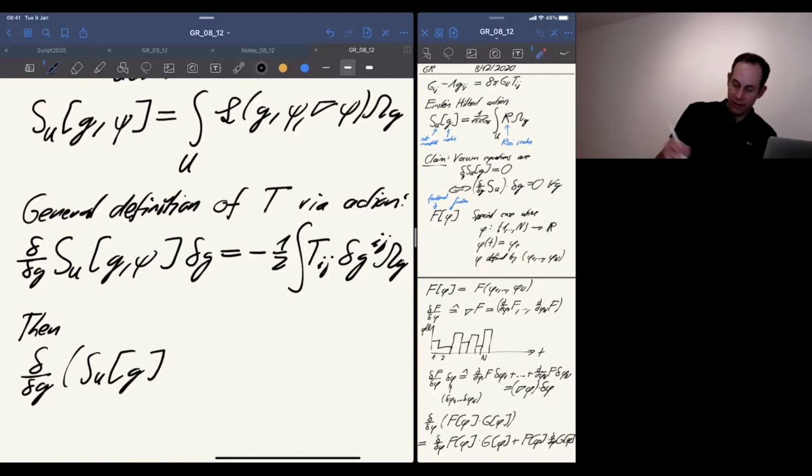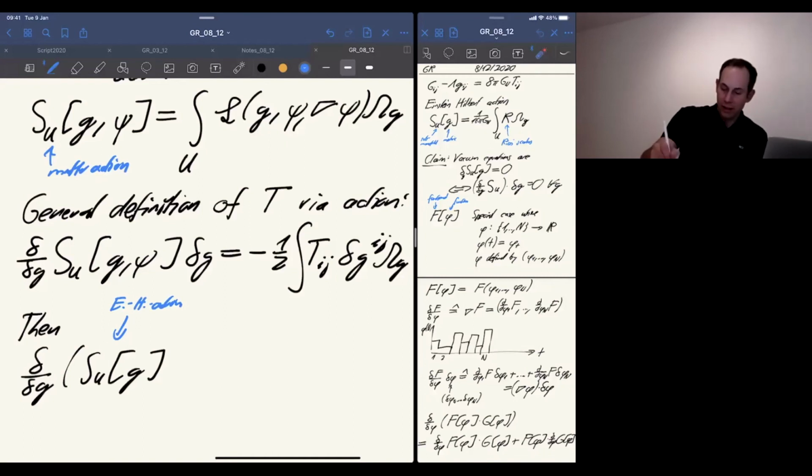So that should be the Einstein-Hilbert action, and some matter action, which, as I said, depends on whatever matter you're considering. And now I just add the matter action to that.